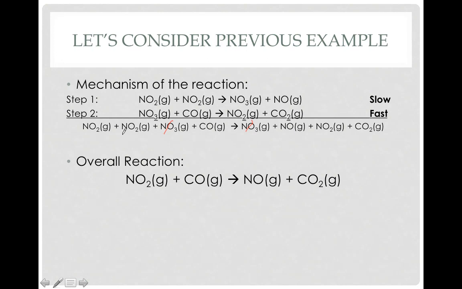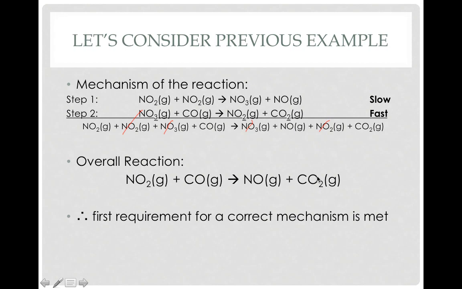One of the NO2s also cancels out, but then we're left over with NO2, carbon monoxide, NO, and CO2. And that matched the overall balanced equation that we had. So the first requirement for a correct reaction mechanism is met. These two elementary steps, which was the proposed mechanism, match the overall balanced equation that we were initially given.